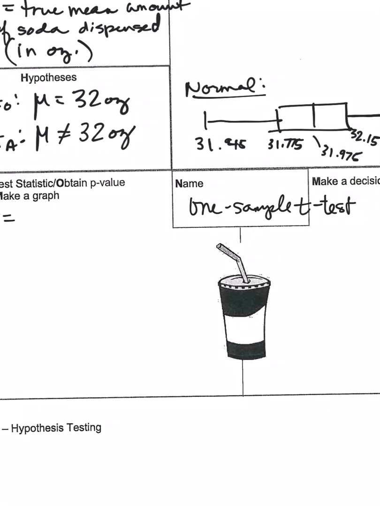And we know mu is 32, right? So let's plug this in. This becomes 31.98 minus 32 divided by 0.075 divided by the square root of 20, doesn't it? All right. I know we're going to run out of time here. So let's just go ahead, we've got like 4 minutes left.